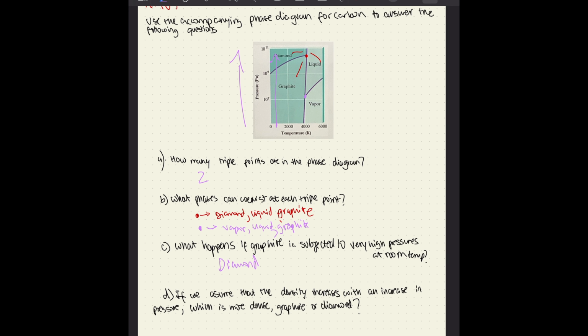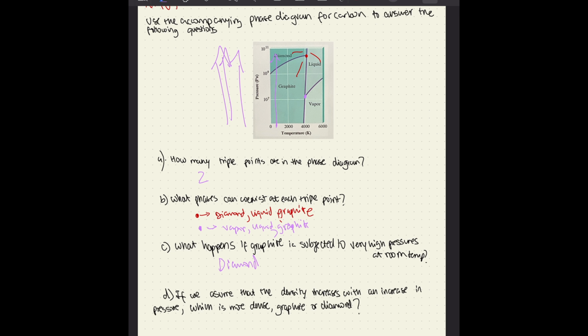If we assume that density increases with an increase in pressure, so they both increase, which is more dense, graphite or diamond? If pressure is high, then the density increases as well.